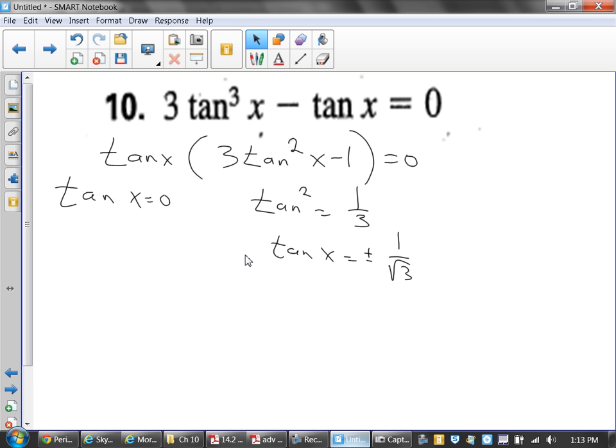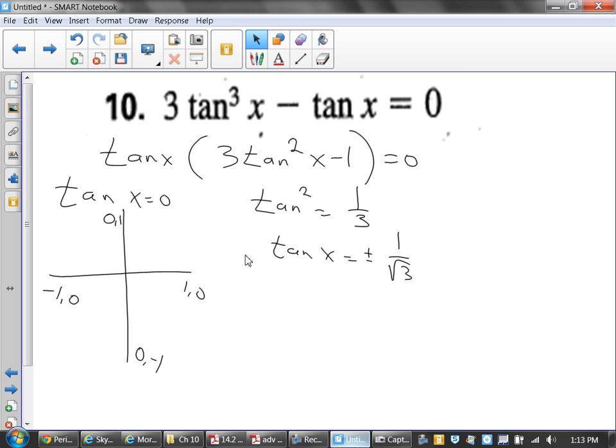Again, I'm not going to rationalize that denominator because I don't need to. Tangent being 0, well remember, tangent is sine over cosine. Tangent being 0 is going to happen on a quadrantal, so you're at 1, 0, 0, 1, negative 1, 0, and 0, negative 1.